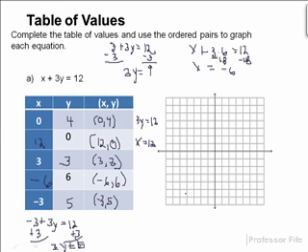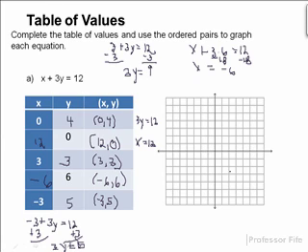So on this grid, I purposely left off any scale. I notice I have 1, 2, 3, 4, 5, 6, 7 units to the right, 1, 2, 3, 4, 5, 6, 7 to the left. So if I'm going to plot this point 12, 0, it would be way over here to the right.